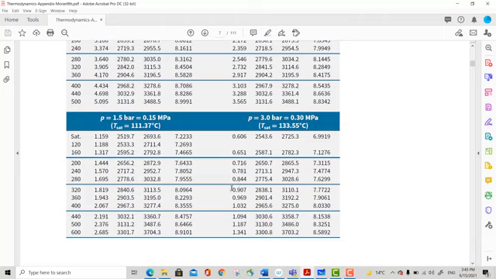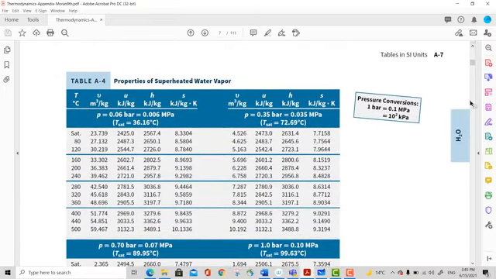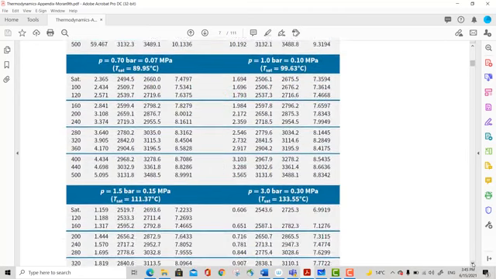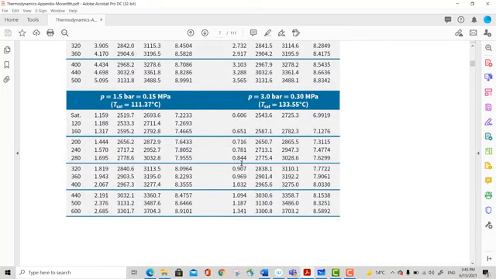These values right here, let's pull up and see this. v, u, h, and s that you can get from here. So he says, I know I'm at the right table, I know I'm at the right pressure, but my 300 is not here, and I'm just going to move on and come back. Okay, so you have that situation.